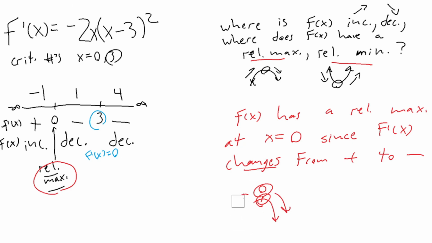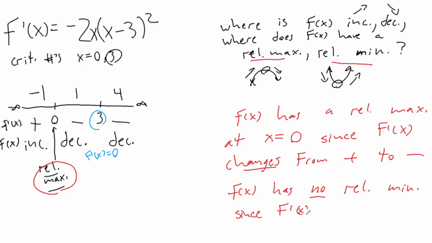And now for our relative minimum statement, since we have no relative minimums, all we're going to write is f of x has no relative minimums since f prime of x never changes from negative to positive.